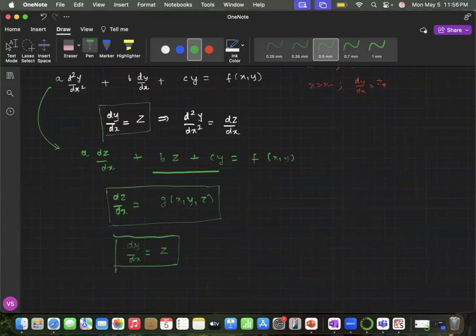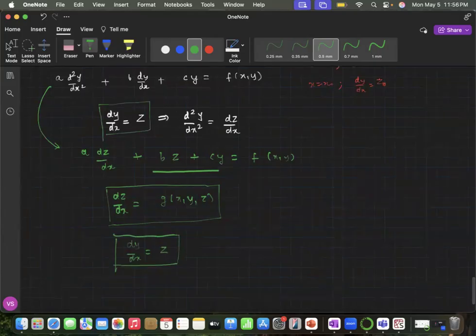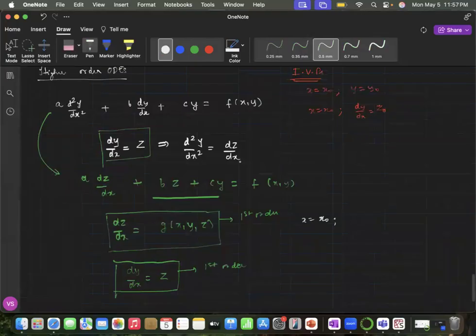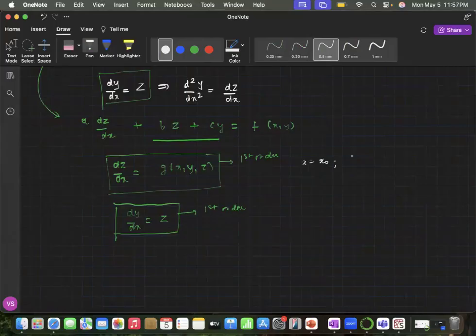Now this becomes a first order ordinary differential equation, so we need one initial value to specify this problem completely. Since we know that at x equal to x naught we know z, which is dy by dx, that has been specified over here.